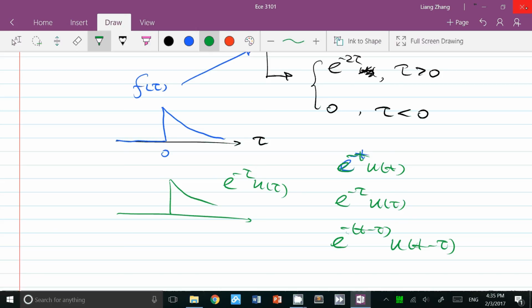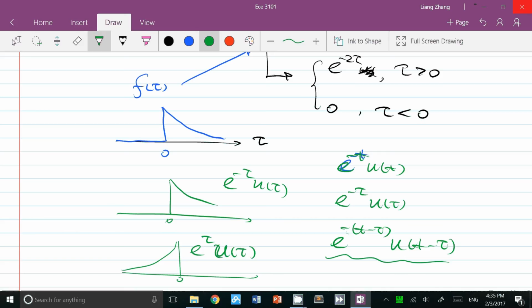To obtain this one, I need to do a number of things. First, I need to do a reversal because of the negative tau. So if I do a reversal, this will be e to the tau u of negative tau.